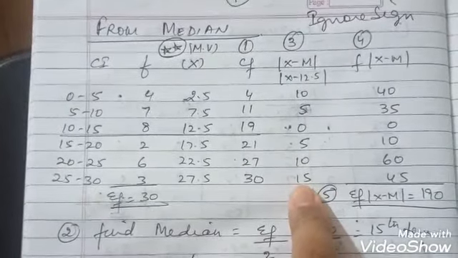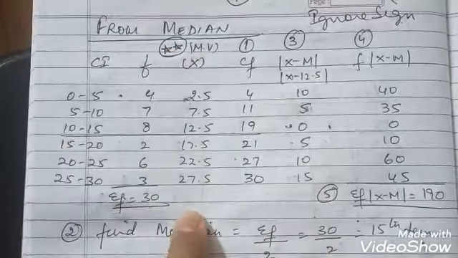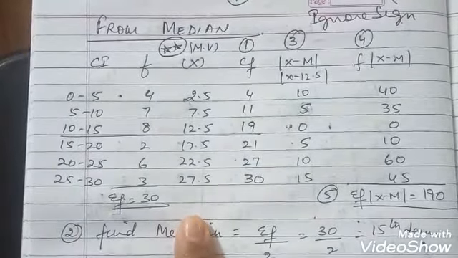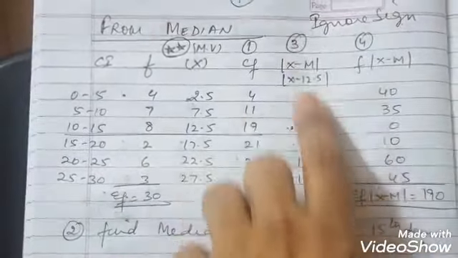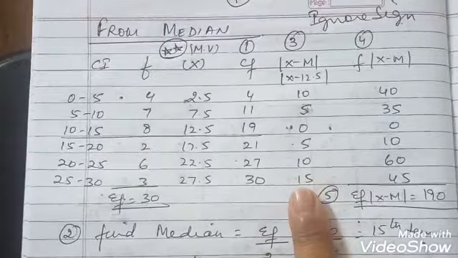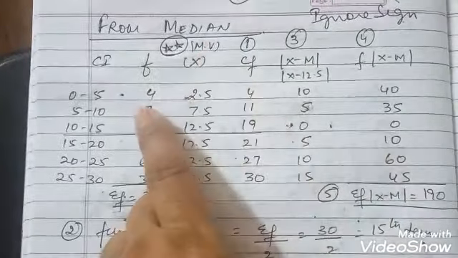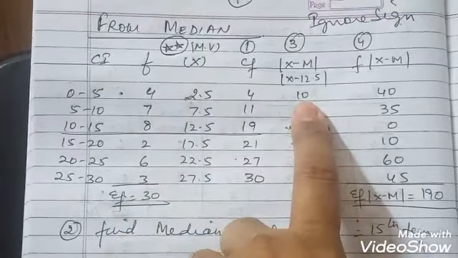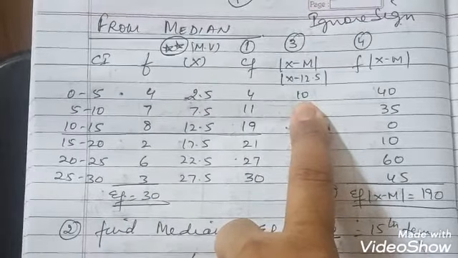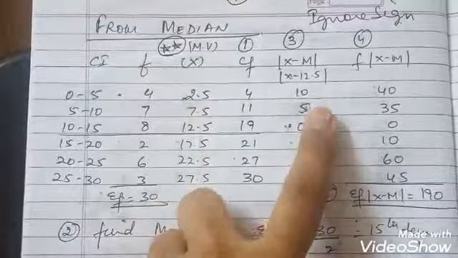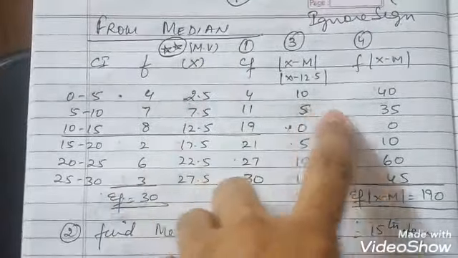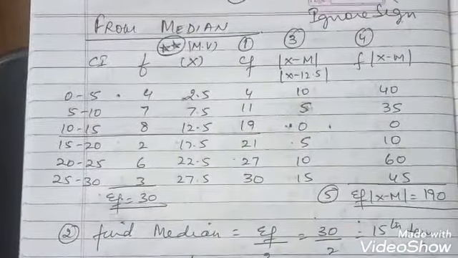That is why when it is 0.5 and your x is 0.5, do not round off. जब आपके deviations आ गए, ignoring the sign because you've taken a modulus, the next step is you will multiply each f into each value of the deviation. 4 into 10, 7 into 5 and so on.